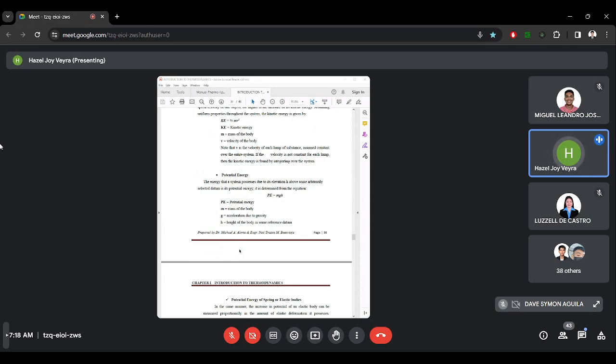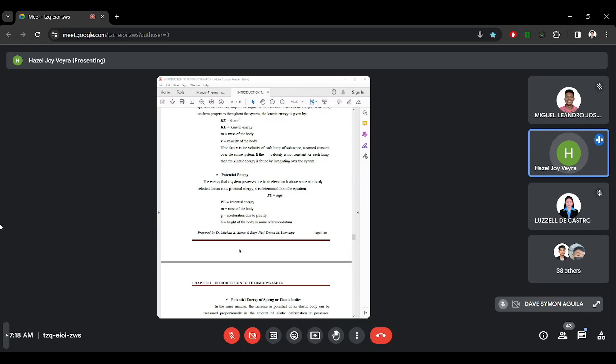So if specific kinetic energy, your answer will be like kilojoule per kilogram. In potential energy, your answer will be kilojoule per kilogram as well. So per unit mass ang tinutukoy natin when we talk about specifics. That also applies to internal energy, to enthalpy, etc.